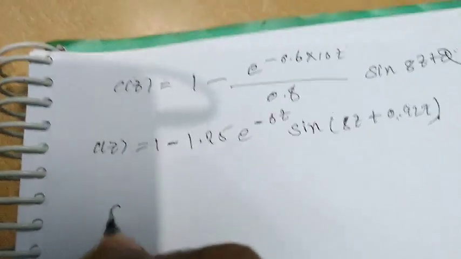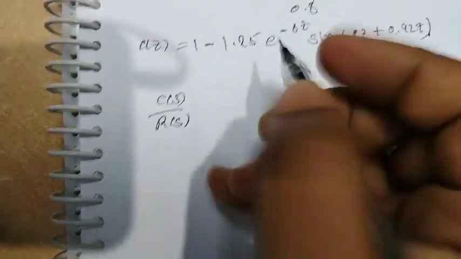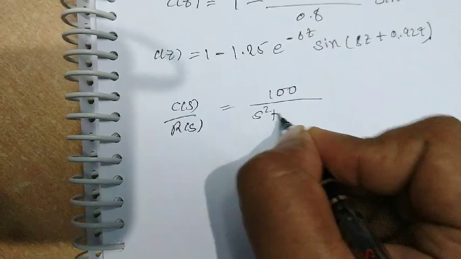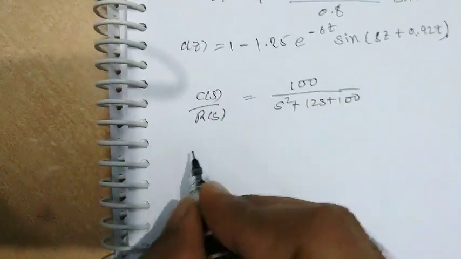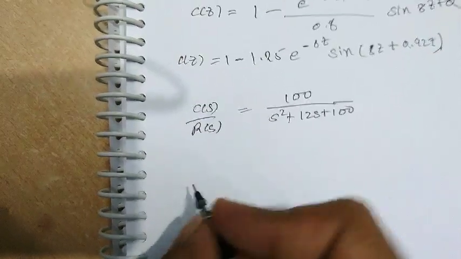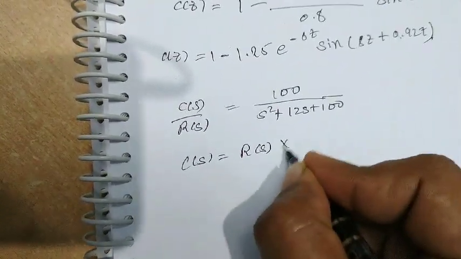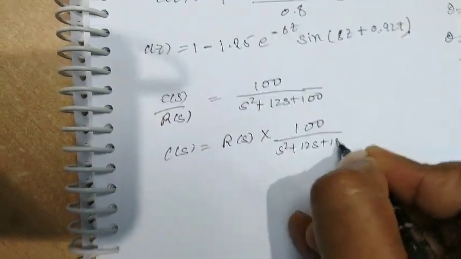As we know, C of s by R of s is given by 100 by s square plus 12s plus 100, right? So we have to find the output response, that is C of s is given by R of s into 100 by s square plus 12s plus 100.